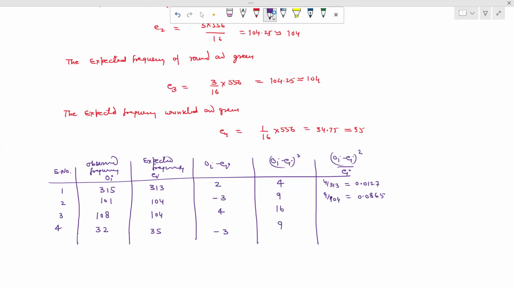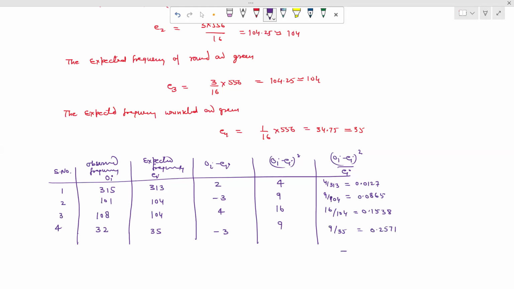Third is 16 upon 104, which is equal to 0.1538. And fourth is 9 upon 35, which is equal to 0.2571.